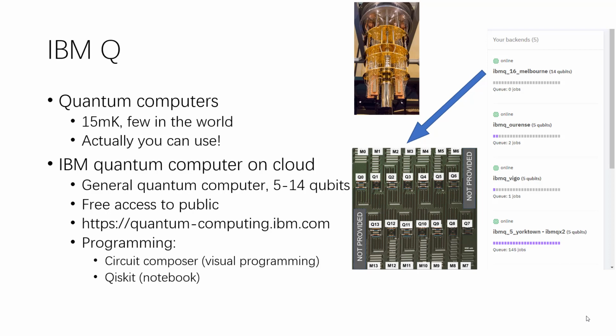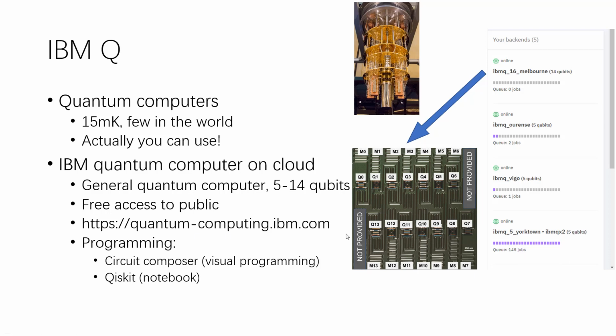So this is basically the IBM quantum computer that they posted on the internet, and it is a general quantum computer superconducting structure, and I think now they offer 5 to 14 qubits quantum computer online. And the nice thing is that it is freely accessible to the public. You just go to this website, and then you can use the quantum computer.